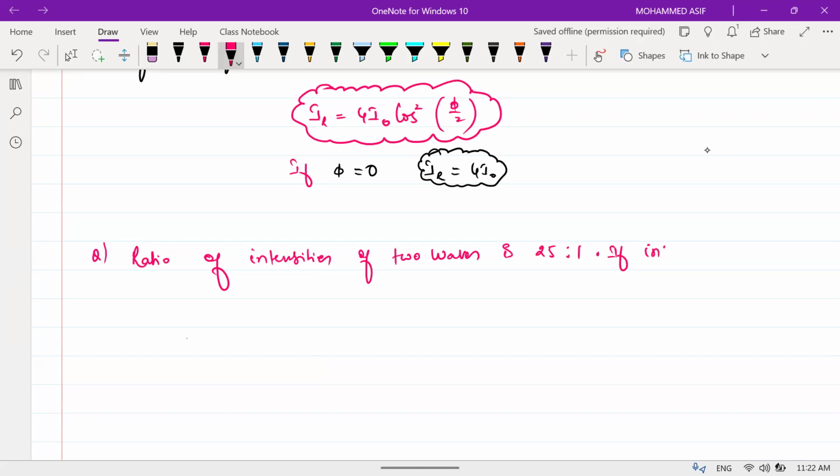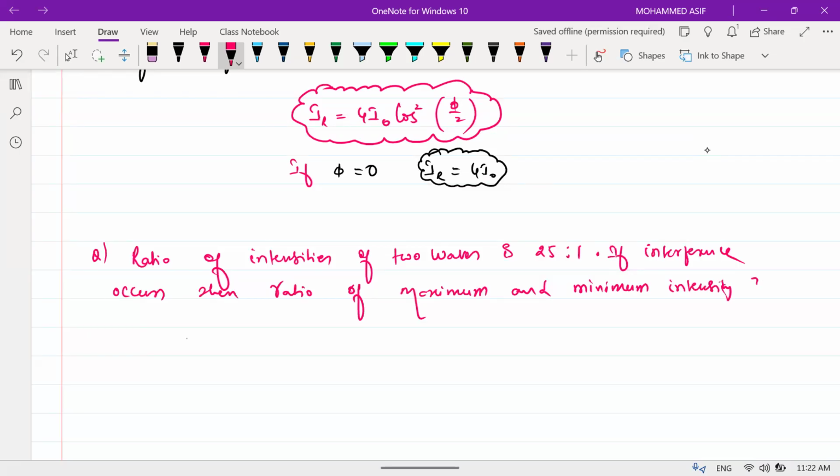If interference occurs, then the ratio of maximum and minimum intensity should be. Options are 25 is to 1, 5 is to 1, 9 is to 4, and 4 is to 9.